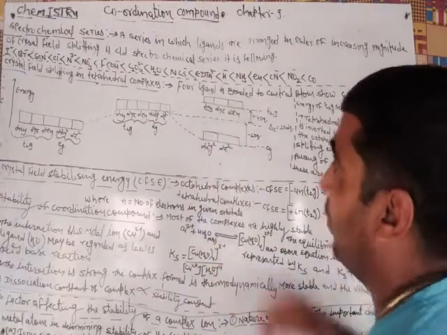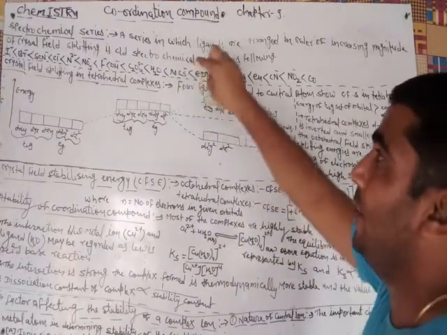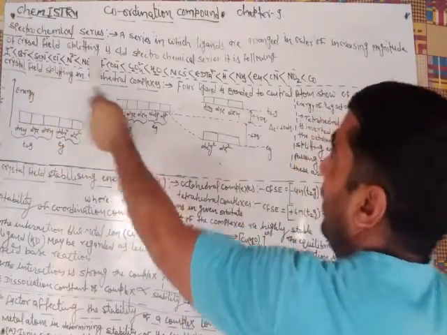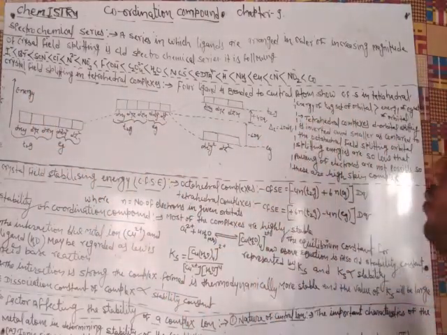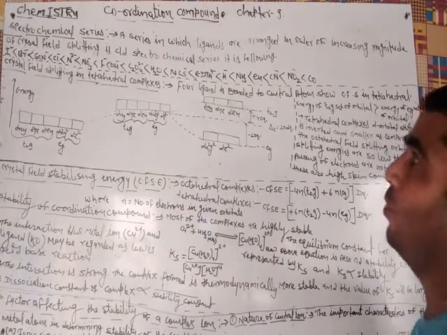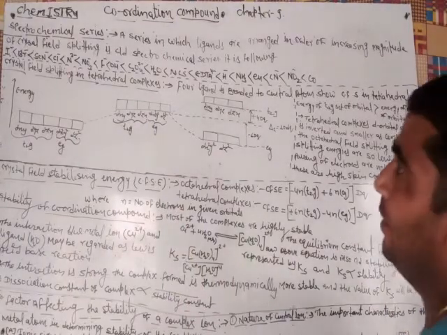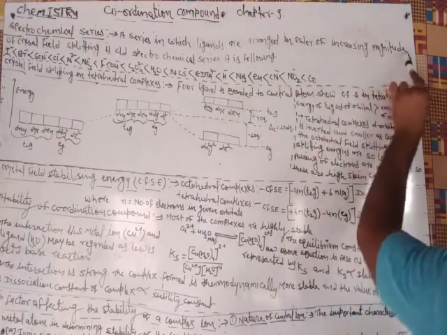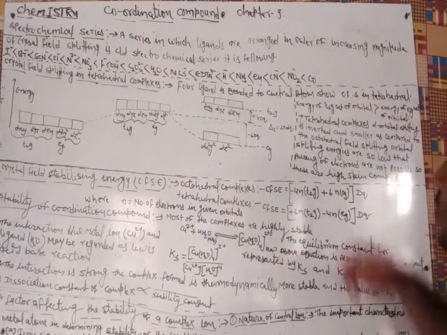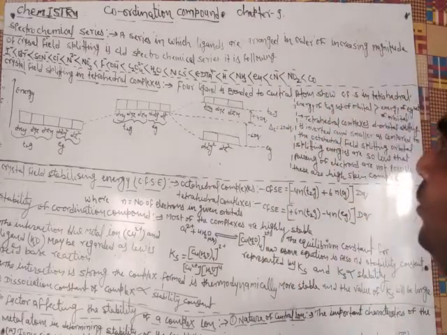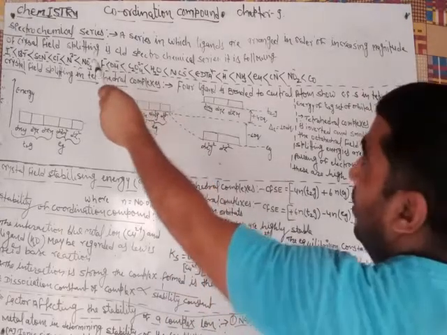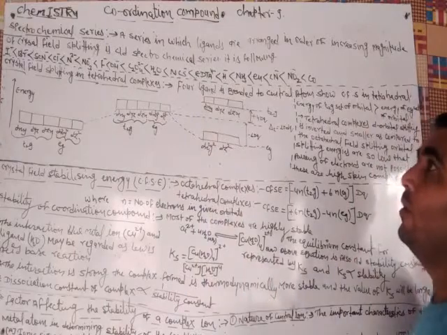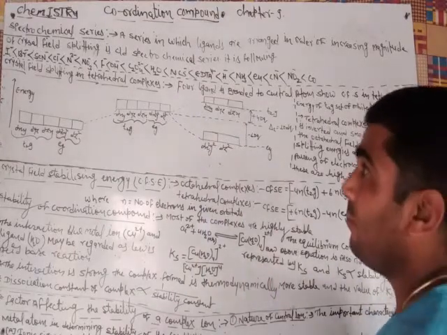The spectrochemical series order is the following: I minus, at least, CO, carbonyl group. The increasing order of the spectrochemical series decides the magnitude, and this order decides the stability of the complex compound.